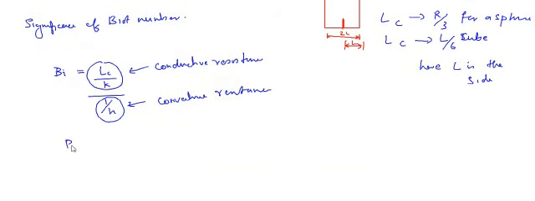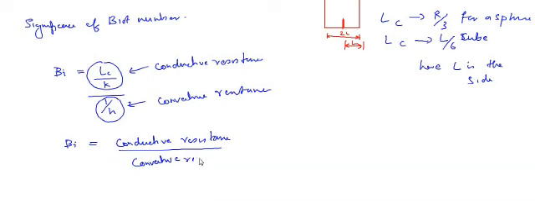So you can write the Biot number as the conductive resistance over the convective resistance. So what does this mean? What is this conductive resistance and what is convective resistance?